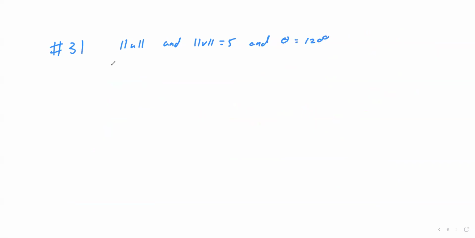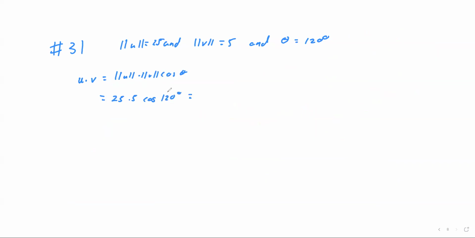So in this case, we use the fact that the dot product is the magnitudes multiplied together times cosine of theta. Magnitude of U was 25. Here's the rest. So that'd be 25 times 5 times cosine of 120 degrees.